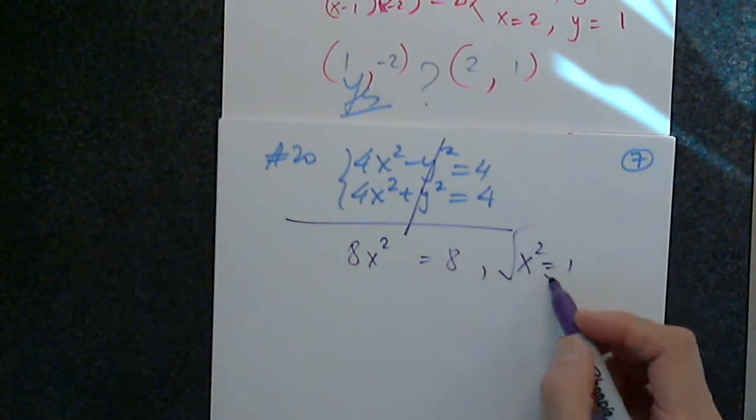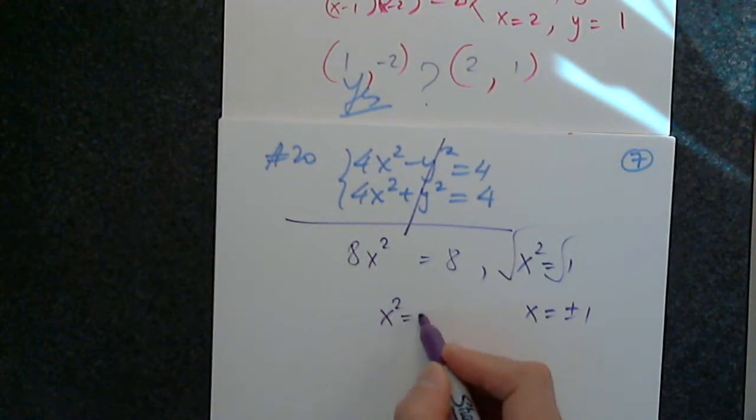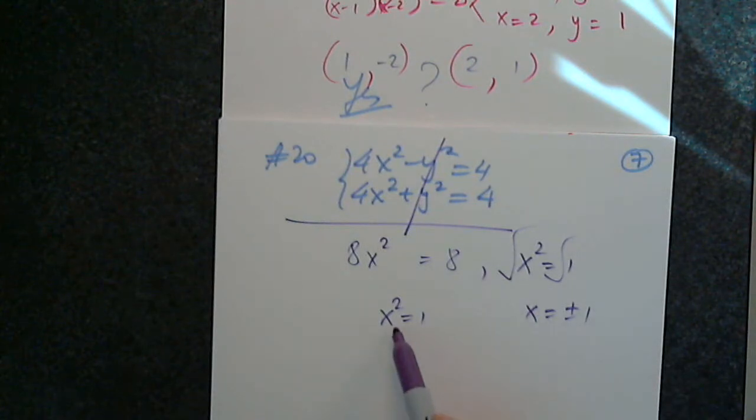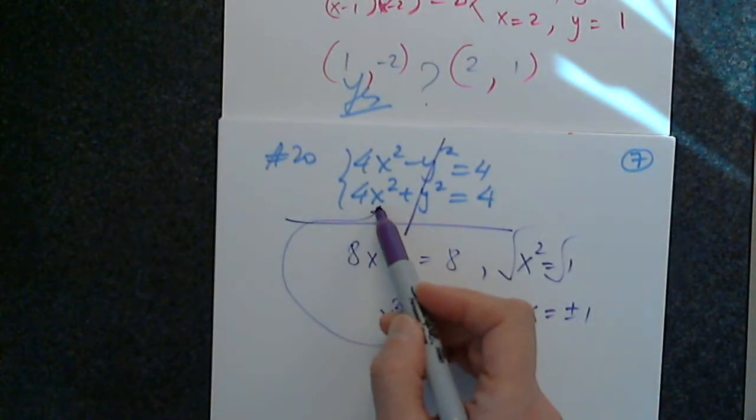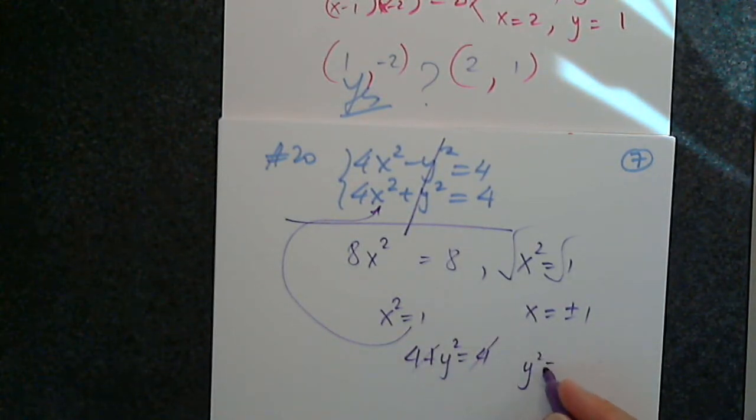Very good. This is typical for taking square roots. That's good, but it's not good enough. I have to find y. I will plug back in x squared equals 1, anywhere you want, it doesn't matter. So let's say we go to the second equation. So I have 4 plus y squared equals 4. Oh, nice. So y squared equals 0.